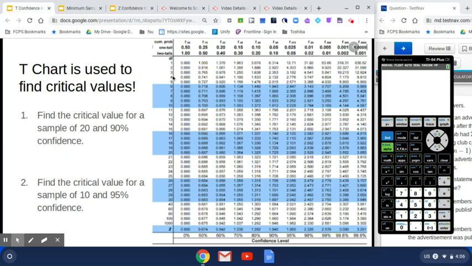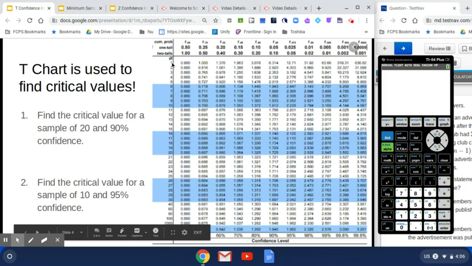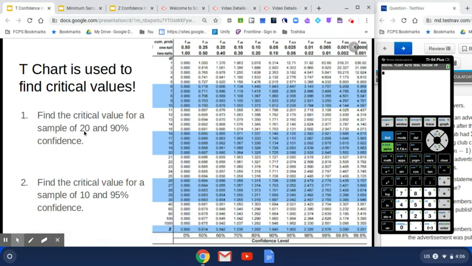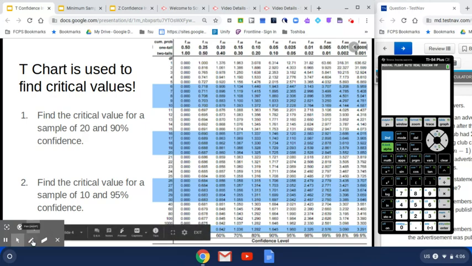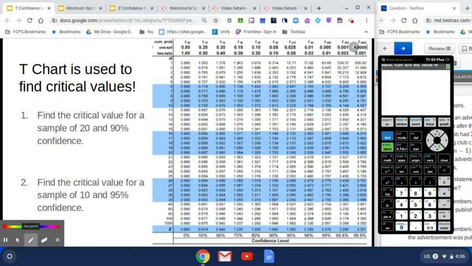So notice in this left-hand column, degree of freedom is labeled here. So I would first need to find the degree of freedom that's associated with a sample size of 20. Basically, guys, you're just going to take that sample size and subtract 1 from it. So 20 minus 1, that gives me 19 degrees of freedom. So I'm going to be looking on the 19 degrees of freedom line.